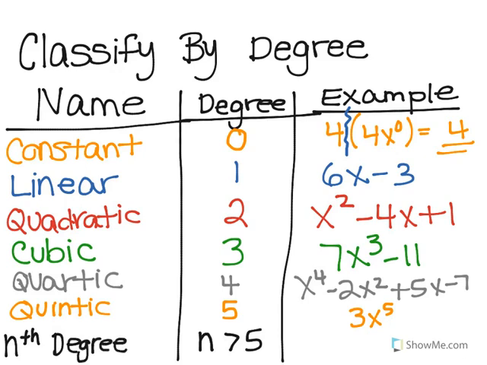Nth degree, meaning if I had 5x to the 10th plus 1, you would say this is a 10th degree polynomial, or even more precisely binomial, because there's 2 terms. So whatever that degree value is, you would say 6th, 7th, 8th, 100th degree. There's no fancy name for it. So make sure you have this whole chart down in your notes. It's really important.